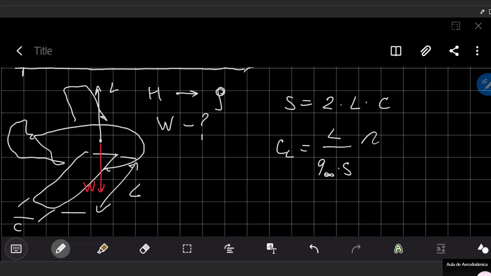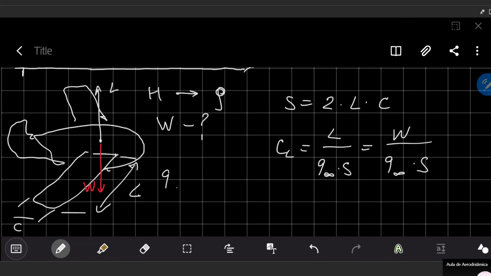So we can rewrite our equation of the lift coefficient as the weight divided by Q infinity S, where the weight is changing, right? On the ground it is one weight, on the cruise flight it is a different weight, and S is the area, which we just calculated, a constant value, and Q is the dynamic pressure, which is calculated in the following way.